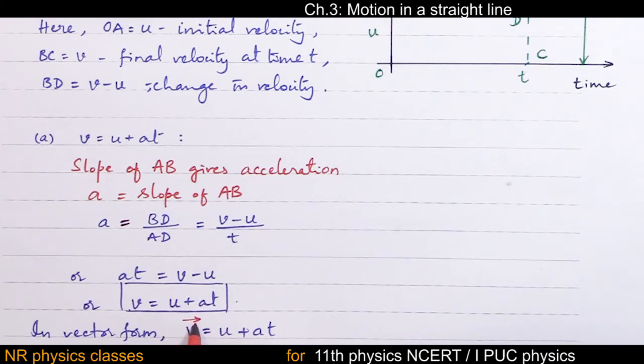This arrow is only for vectors. In the next chapter you are going to study about vectors. Okay, for time being, please copy this. v, this is u: velocity vector, initial velocity vector, acceleration is a vector. t, time, is a scalar quantity. Don't write an arrow on this. So this is the vector form of v equal to u plus at.